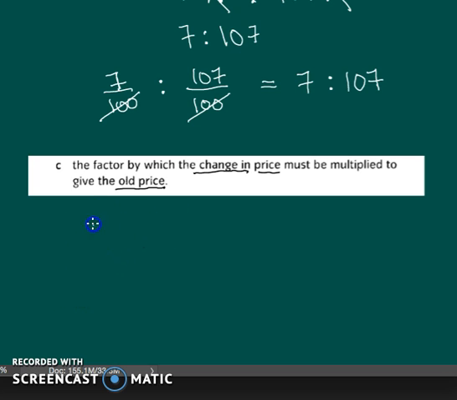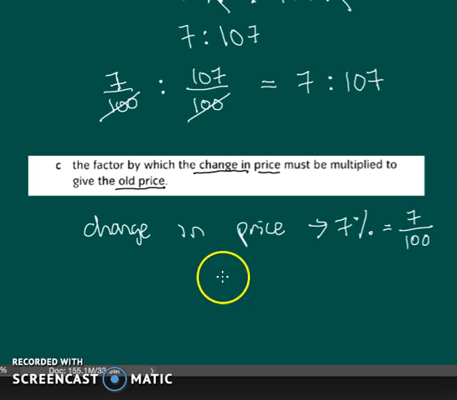It was change in price was 7%, or rather 7 over 100, however you want to call it, and the old price was 100% before we did anything.